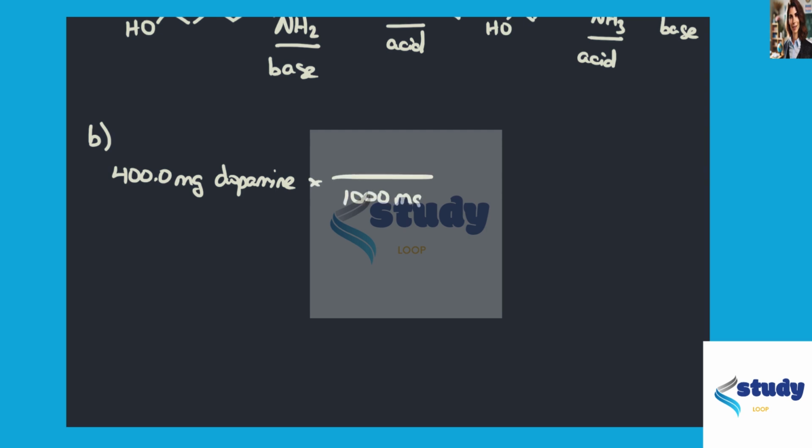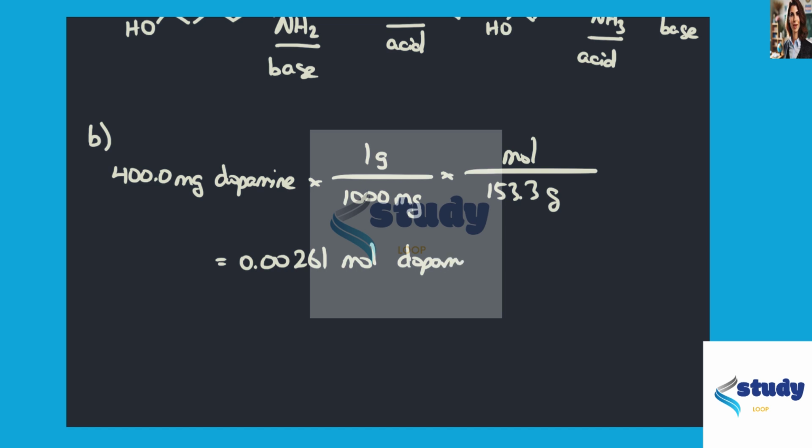Let's convert this to grams. And dopamine has a molar mass of 153.3 grams per mole. And this will give us 0.00261 moles for the dopamine.